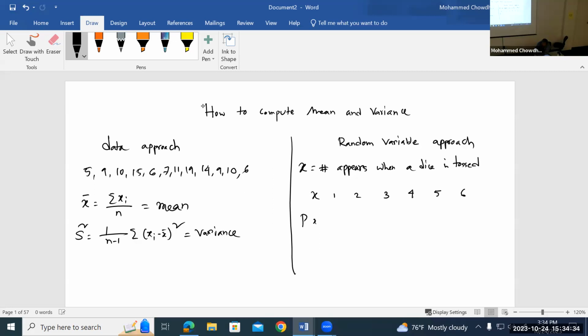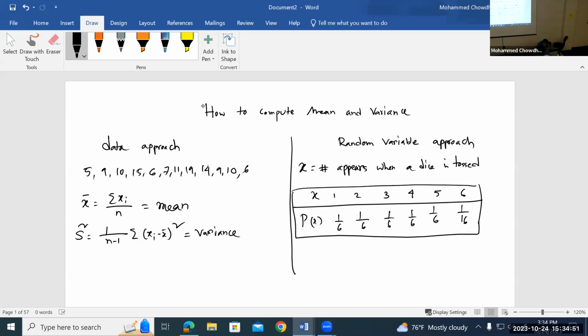And what is the probability of x? 1 over 6, 1 over 6, 1 over 6, 1 over 6, 1 over 6, 1 over 6. How can we compute mean and variance in terms of a random variable approach?